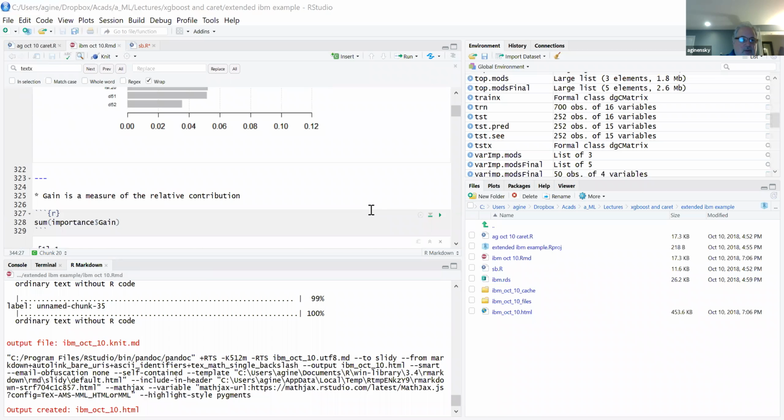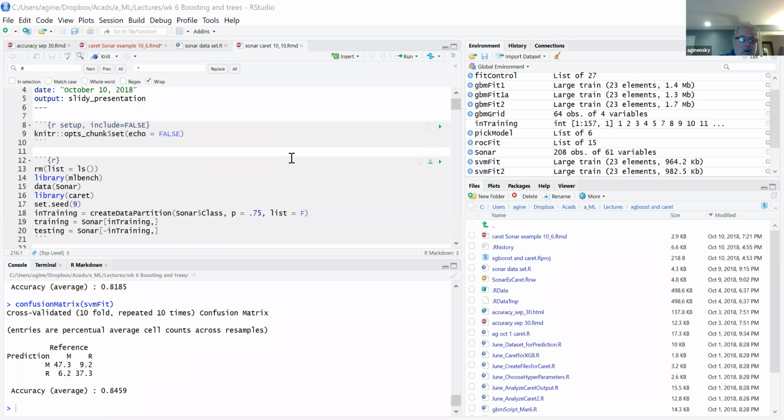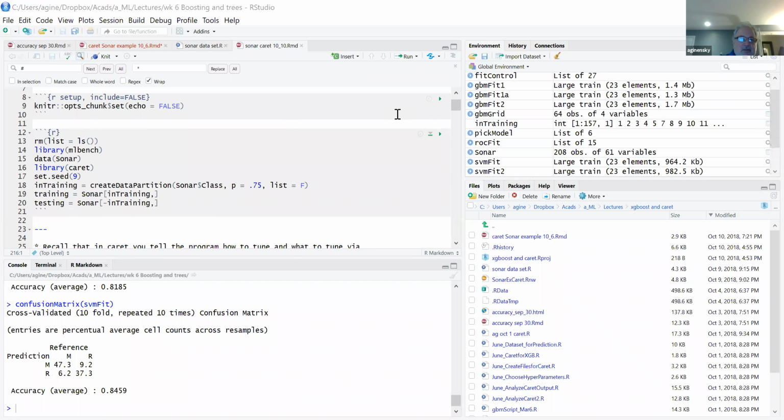That's the wrong one. Stop share. All right, can you read this print or should I make it bigger? No, this is good.